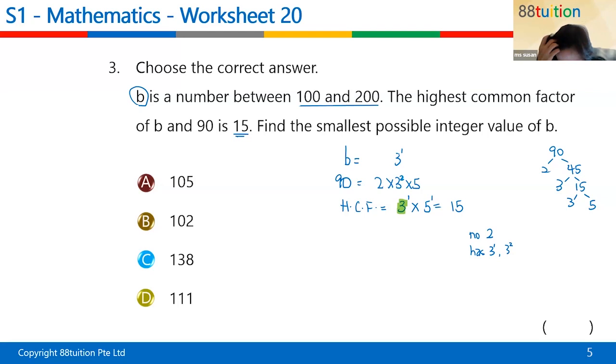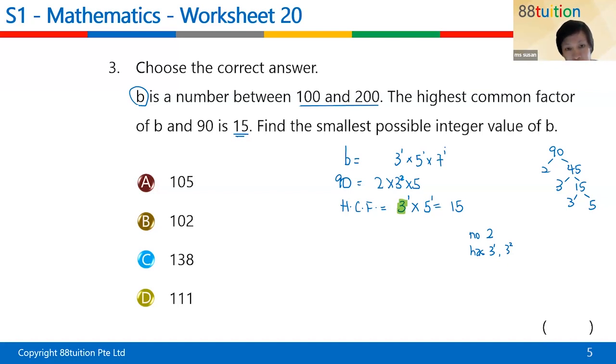So you have 5 here, right? 15. You could have 5 to the power of 1. You could have 7 probably, because you can't have any others; the next prime number will be 7. You can't have 5 to the power of 2. So you have 7 to the power of 1.